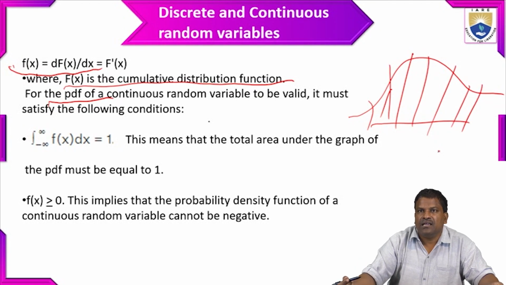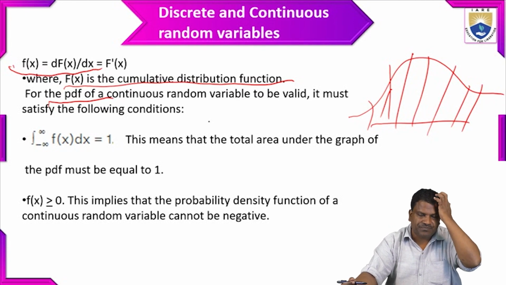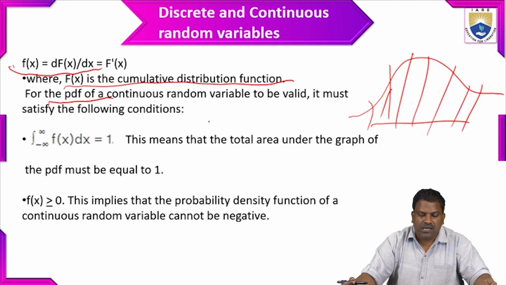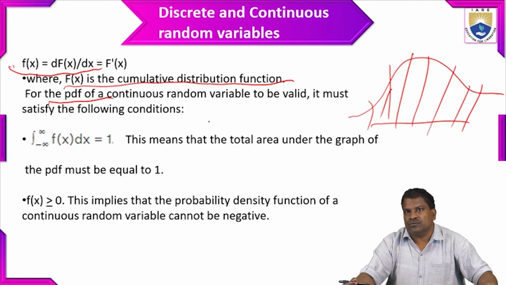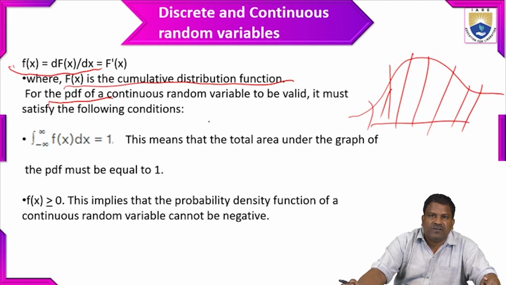This entire area should become 1. And one more condition is that f of x is greater than or equal to 0. This implies that the probability density function of a continuous random variable cannot be negative. It is always positive. These two conditions are very, very important.